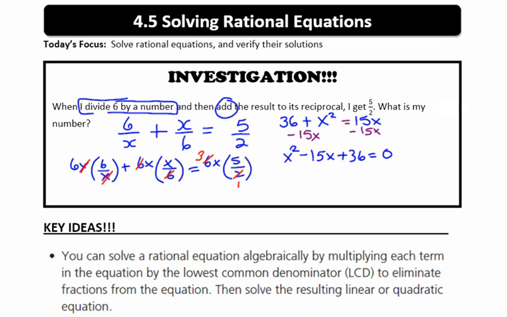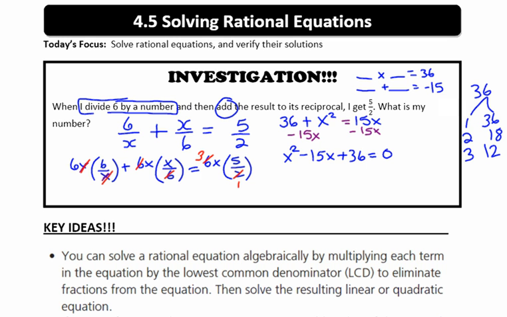Do we know how to factor these guys? It's a simple trinomial. 2 numbers that multiply to 36 and add to the middle, right? Add to the middle, multiply to the last. Okay, how can we multiply to 36? 1 times 36, 2 times 18, 3 times 12.